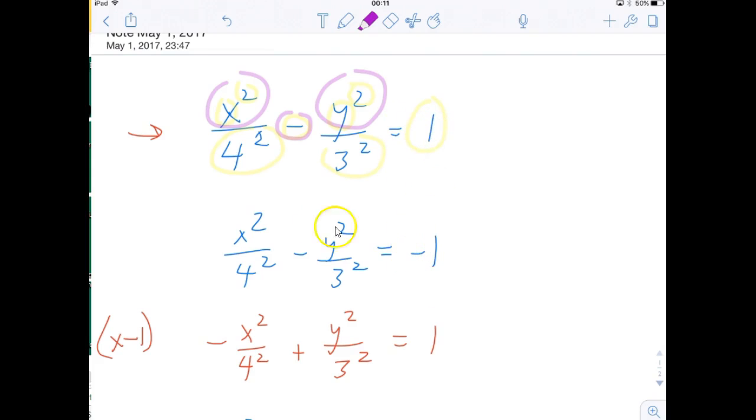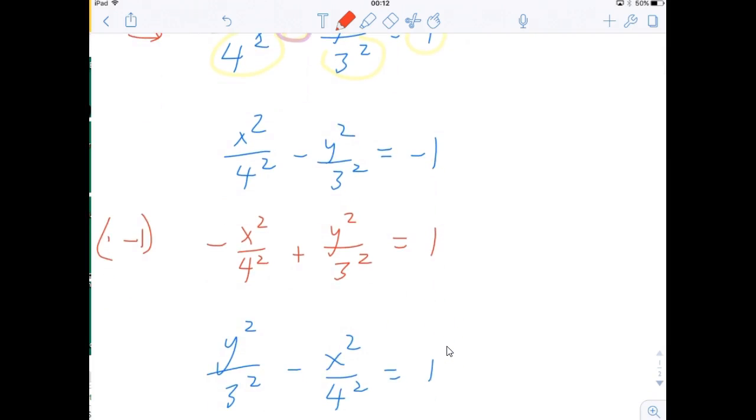You would multiply the whole thing by negative 1, this, this, and this. And so we would get negative x squared over 4 squared plus y squared over 3 squared equals 1.